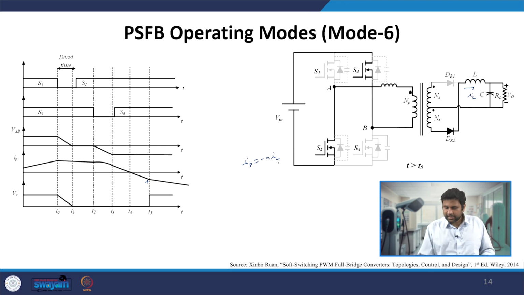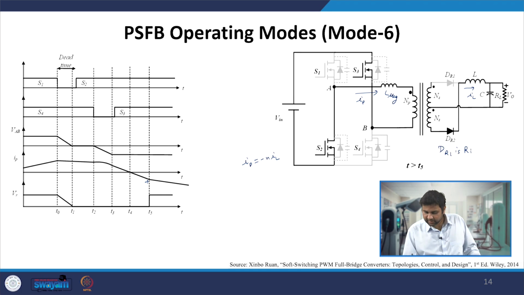Since my current in the primary is reflected from IL, DR1 gets reverse biased, and the current goes from here, comes over here, comes back and then goes there.